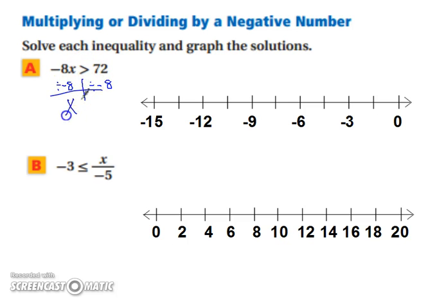So we have x is less than -9, because a positive divided by a negative is a negative. Alright, so we have an open circle on -9, and all of the x values are going to be less than -9, so we are going to shade to the left.